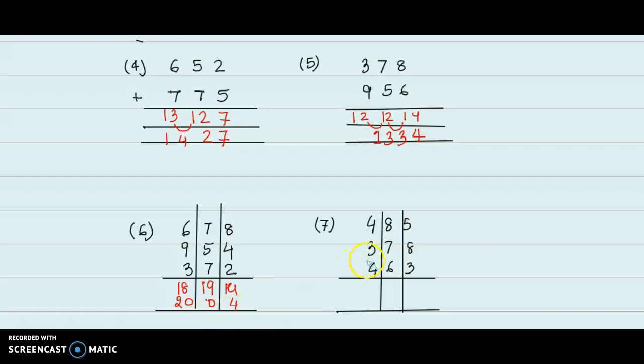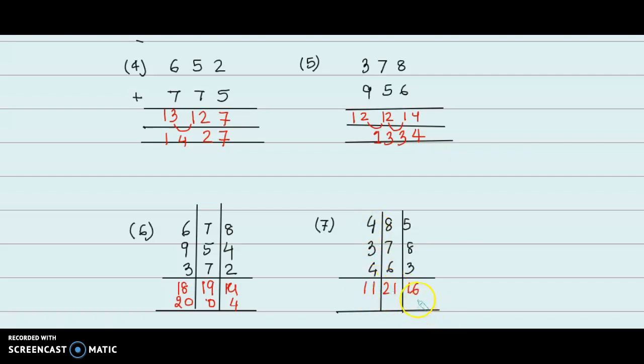And in a similar way we will do this question. Just take a look. 485, 378 and 463. So 8, 5, 13 and 3, 16. 8, 7, 15 and 6, 21. 4, 3, 7 and 4, 11.